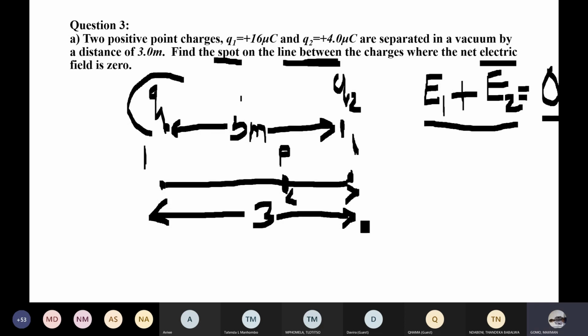If this whole thing is 3, you can assume that this distance is X. They usually prefer to use the letter X. So we're assuming that the distance between the point P and the charge Q1 is X. Therefore, we also need to know the remainder, this distance. So if this one is X and the whole distance is 3, this one is going to be 3 minus X.